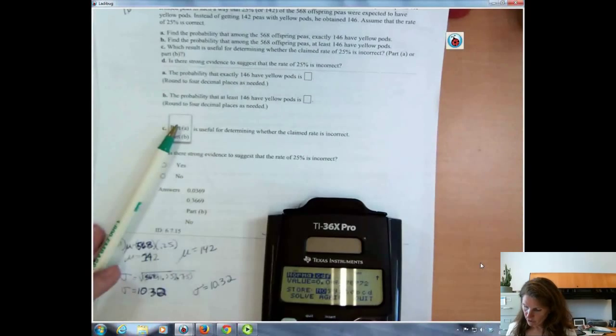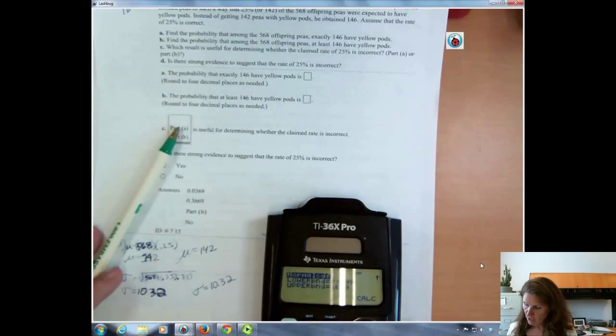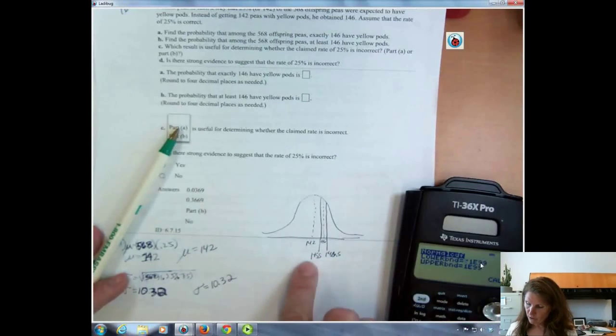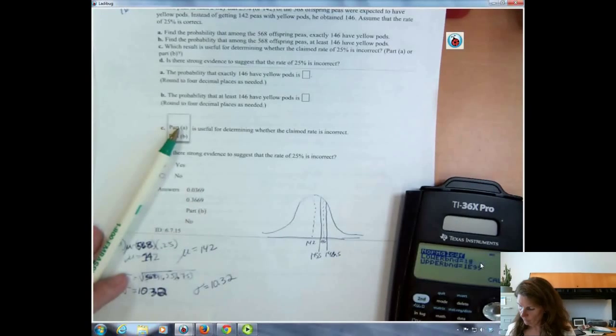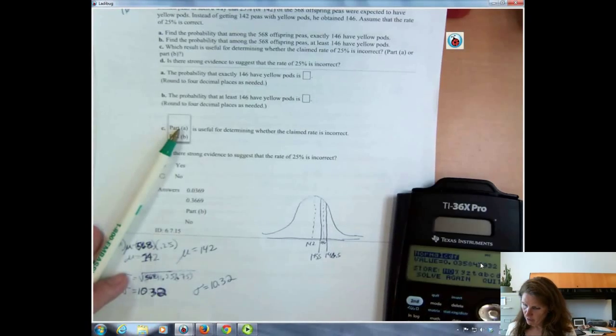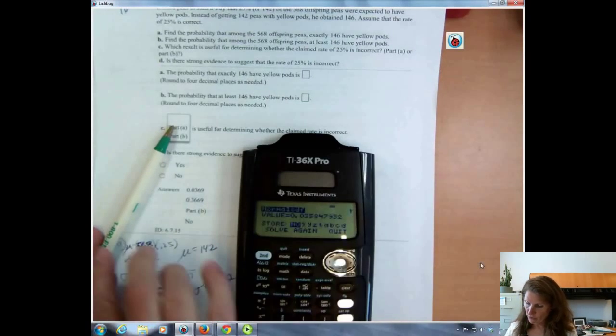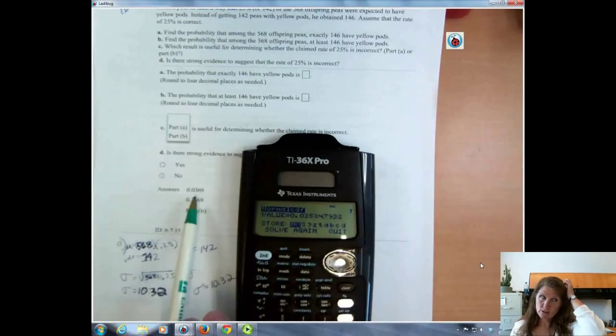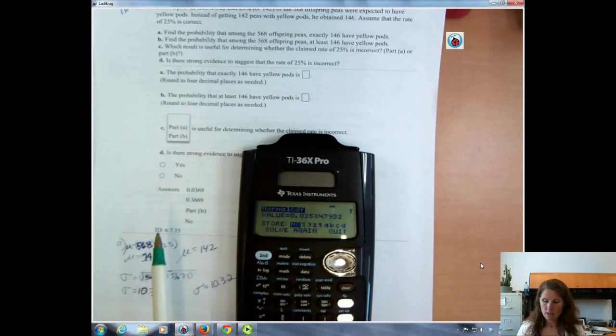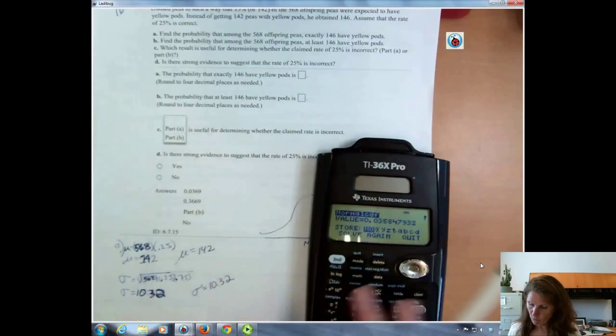Second function data, go over to normal CDF. I have a mean of 142, a standard deviation of 10.32. I'm going from 145.5 up to 146.5, and I'm getting 0.0358. They have slightly different numbers there. I may have rounded this and I shouldn't have or something, but I think we're fine.